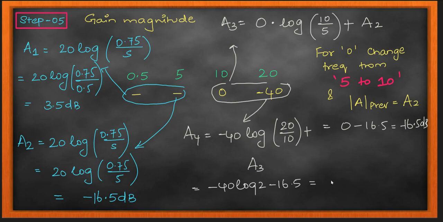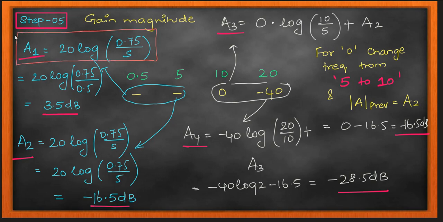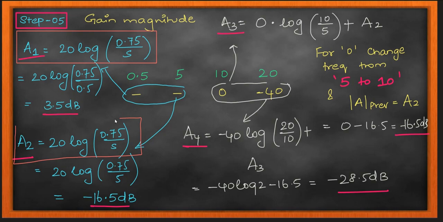Then for my A4, the change in slope is minus 40, logarithm of 20 divided by 10 plus A previous, which for A4 is A3, and I am putting that A3 to be minus 16.5. So I get these four values: 3.5, minus 16.5, minus 16.5, and minus 28.5.